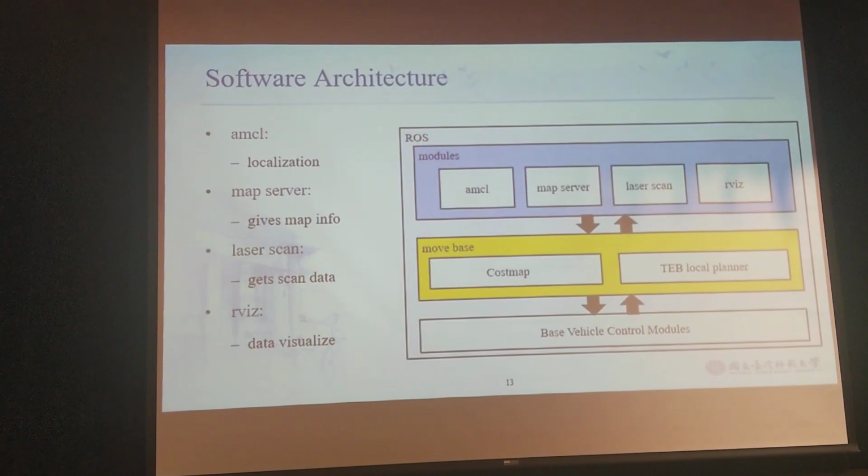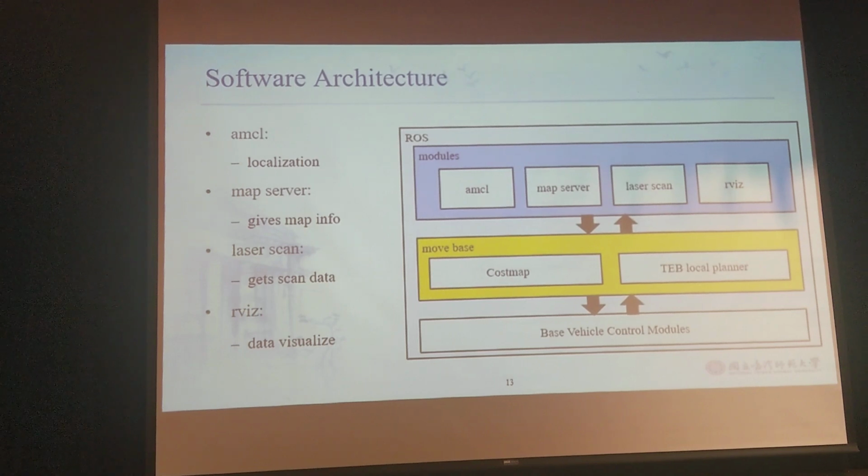For the software architecture, the AGV is developed based on a ROS system, which enables modular management of vehicle functions. AMCL is a probabilistic localization system for a robot moving in 2D, which uses a particle filter to check the pose of the robot against the known map.